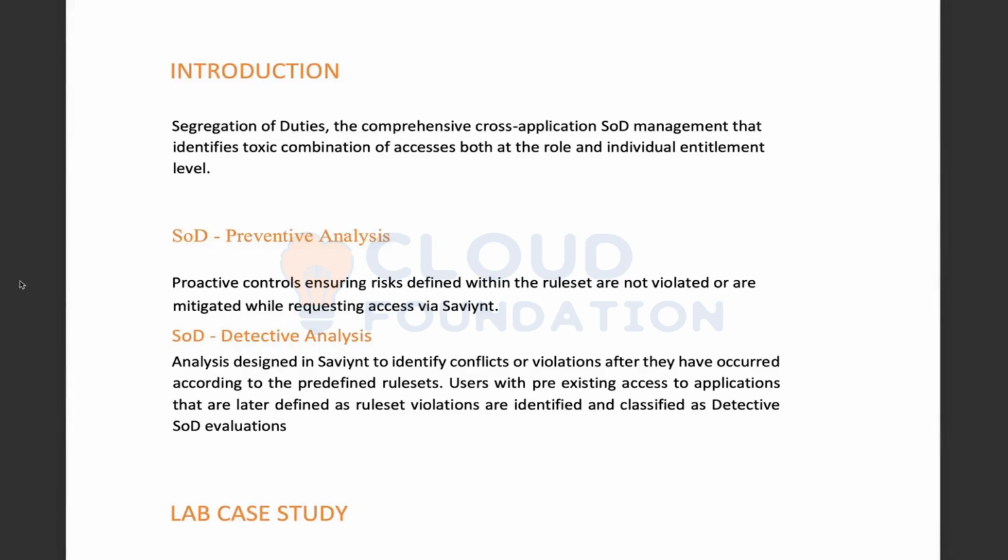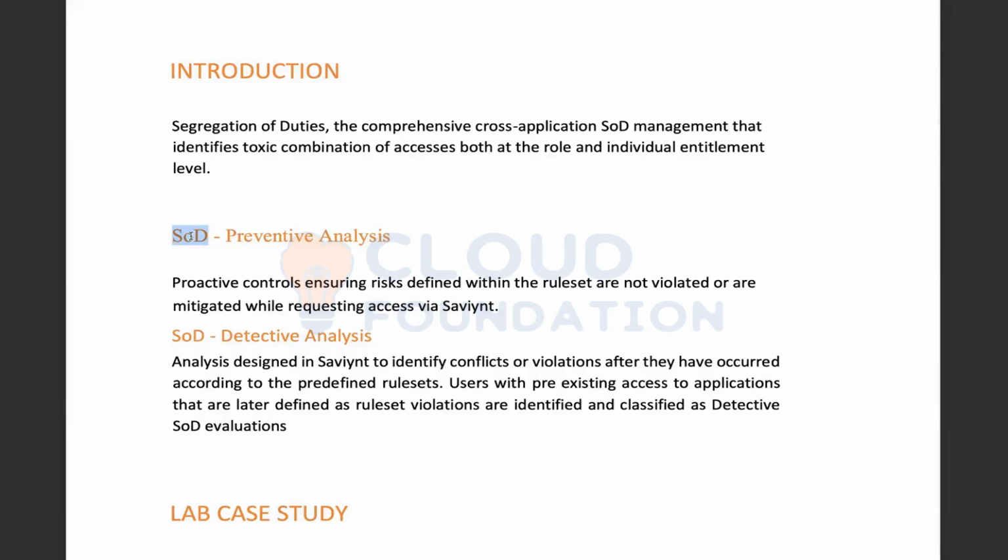This is called SoD, segregation of duties. What is segregation of duties? Whenever I am requesting access to an application, there is a possibility that I am getting two accesses independently, which together give me some access which I am not supposed to have. What does that mean?